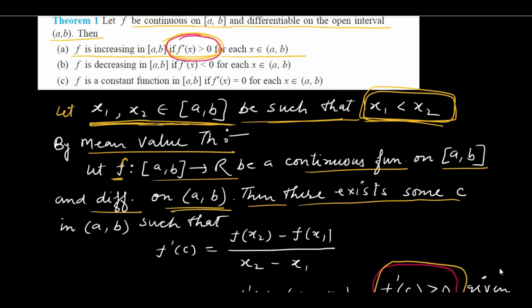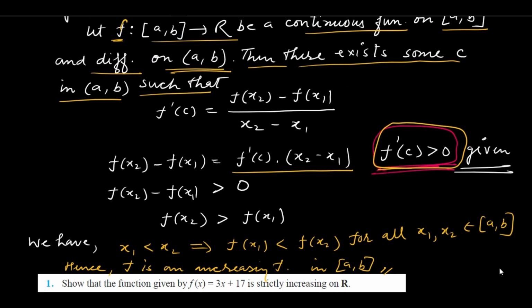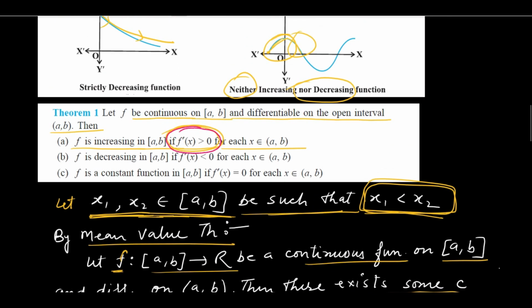Then there exists some c in (a,b) such that f'(c), you know the mean value theorem. Mean value theorem is an extension of Rolle's theorem. f'(c) is equal to (f(x2) minus f(x1)) upon (x2 minus x1). Now cross multiply, we get this, and f'(x) is greater than 0. This condition is given in the theorem.